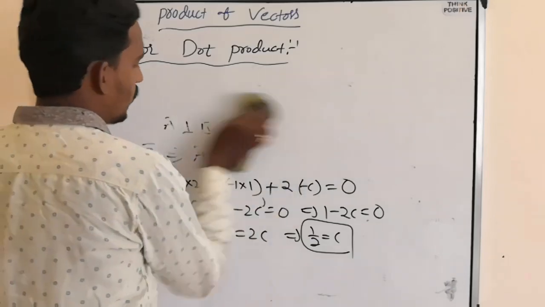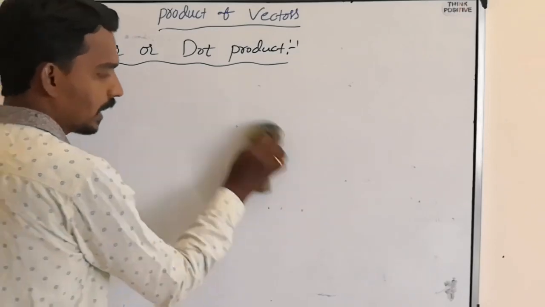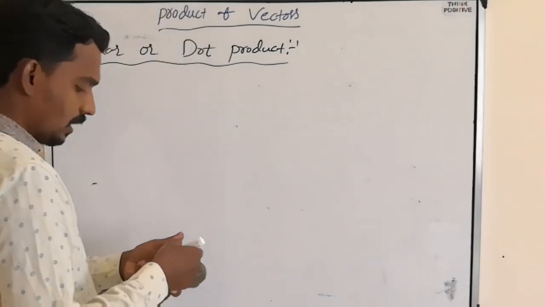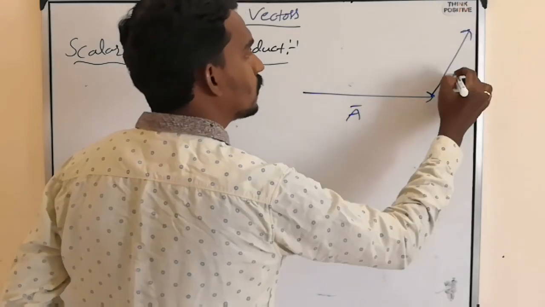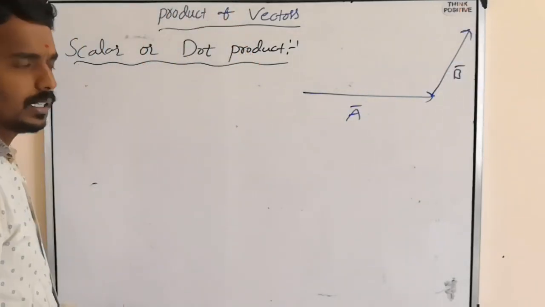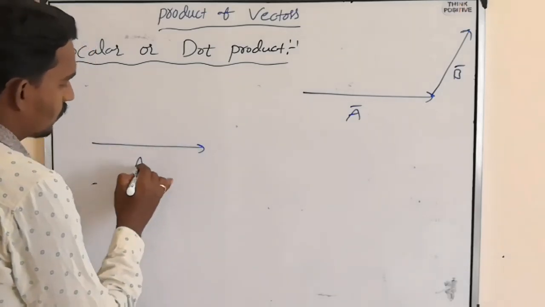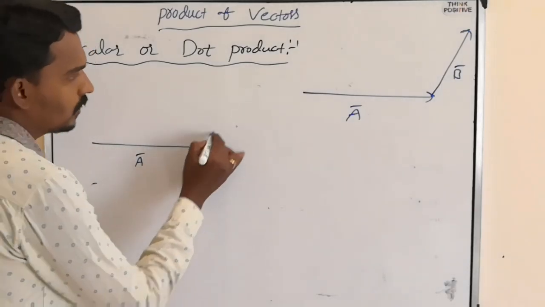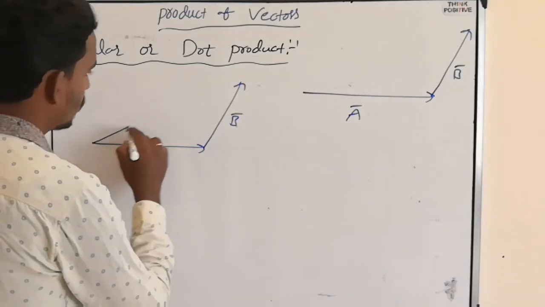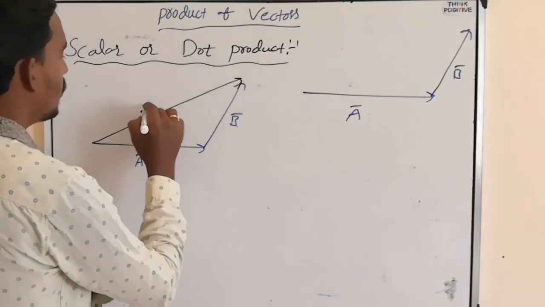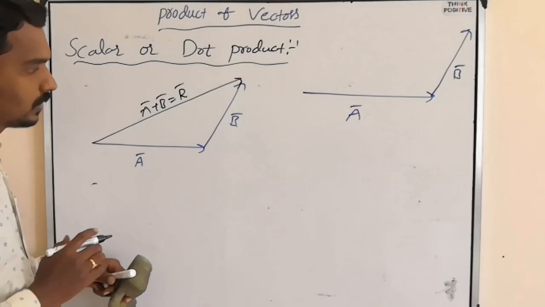And the last and final thing about dot product, which is applicable for physics. Let's take this is A bar, this is B bar. Then this is our A bar plus B bar, nothing but R bar.